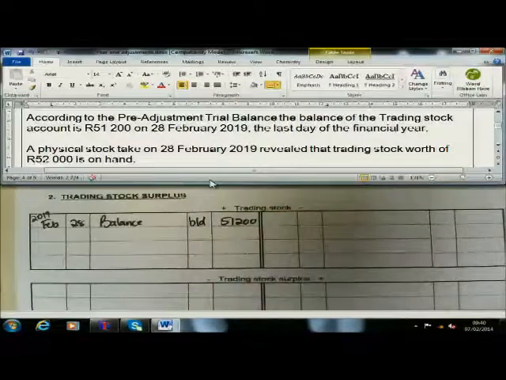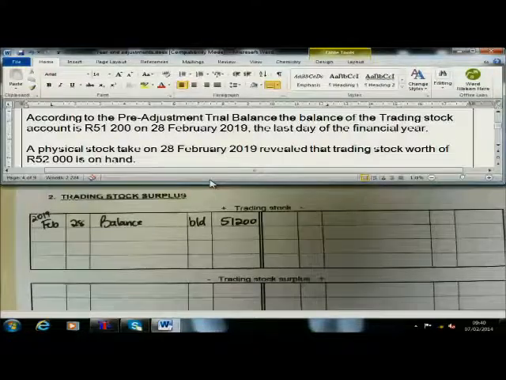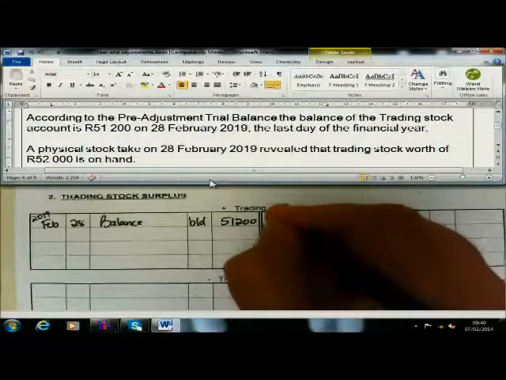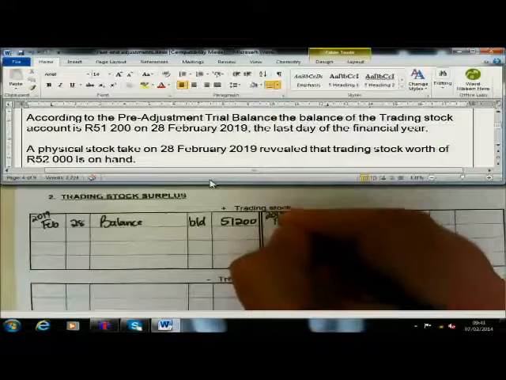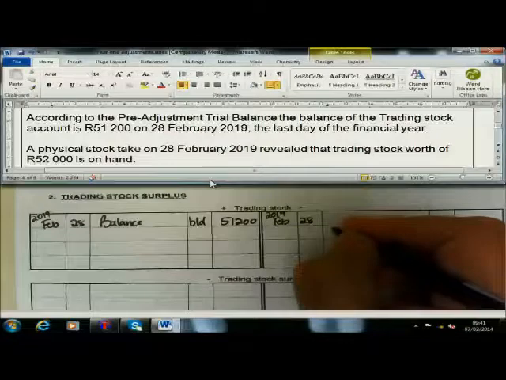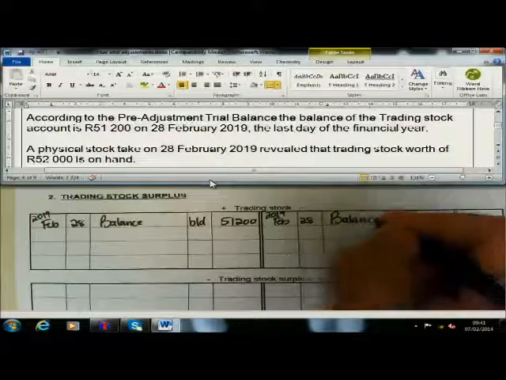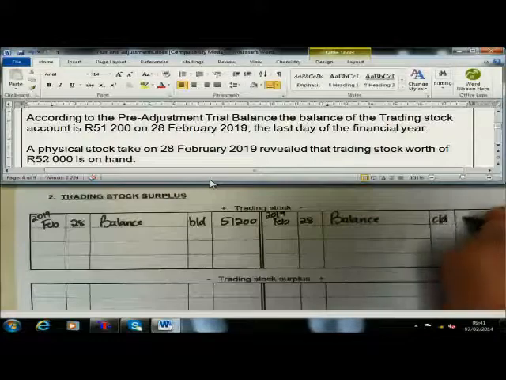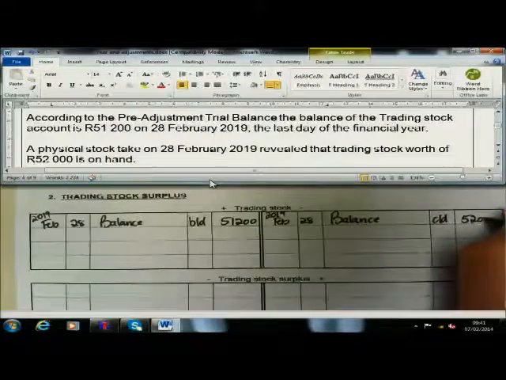According to a physical stock take on the 28th of February, trading stock worth 52,000 Rand is on hand. 2019, February 28. Now you can put the balance there. The new balance carried down is more than in our books.